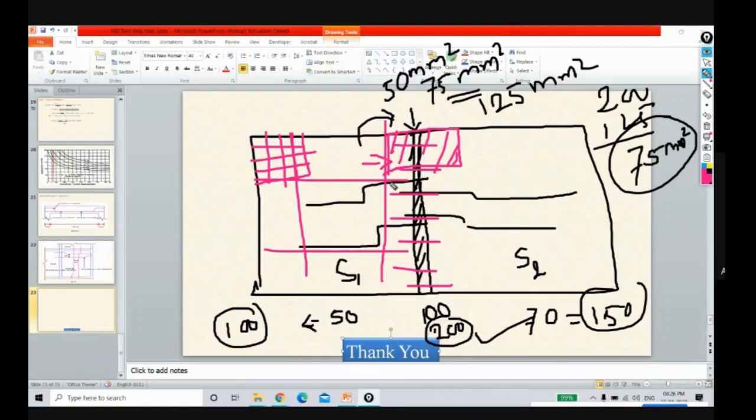So from the field point of view, we are providing the main reinforcement in the edge strip also. That's why we are not calculating this torsion reinforcement for the continuous span.